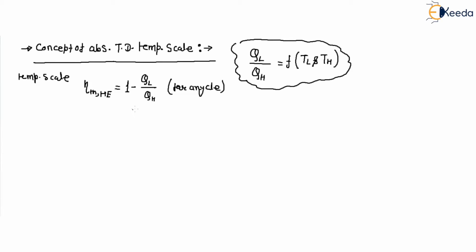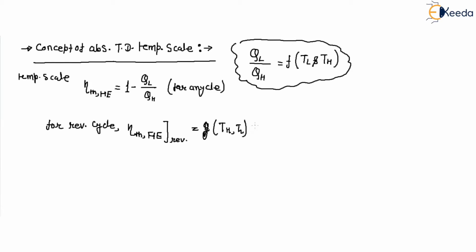But for a reversible cycle, the thermal efficiency of a heat engine is a function, let's say g, of TH and TL.